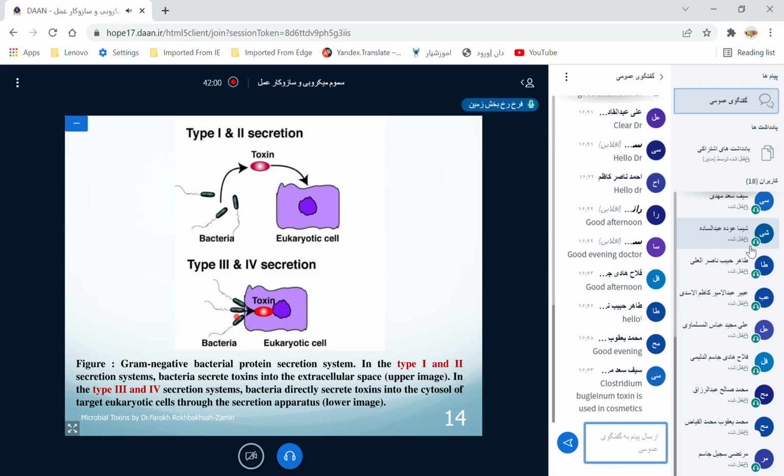You have a medicine, so you need an injection by syringe, and the syringe has a needle. So bacteria make contact and inject toxin inside the target cell.